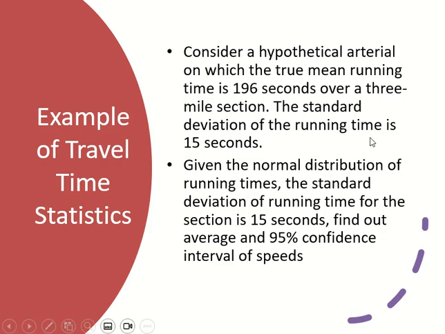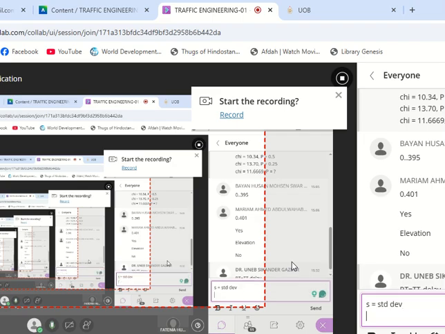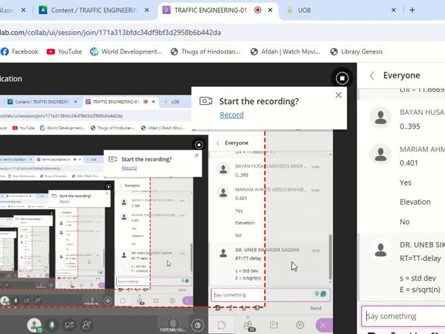Then the standard deviation becomes the standard error. Remember, we discussed that standard deviation is represented with S, and standard error was represented with E, which was S upon square root of n, when you have a sample. But if you don't have a sample, and it is for the population, how do I know it's for the population? Because they said it is true mean running time.